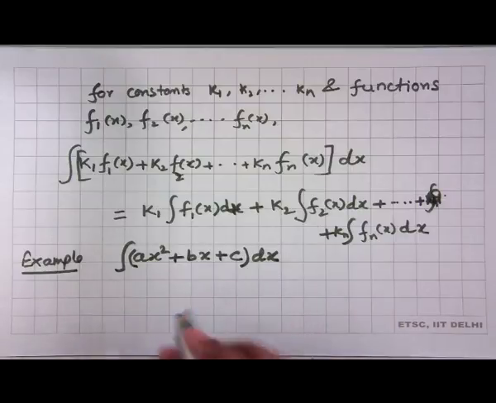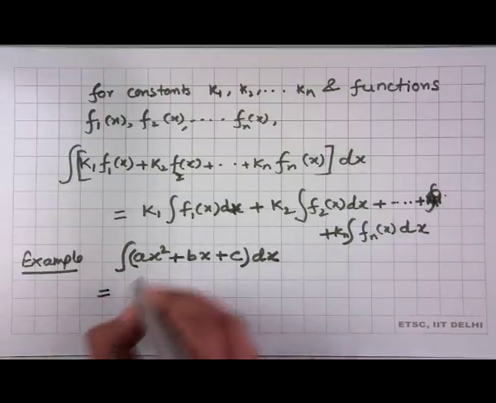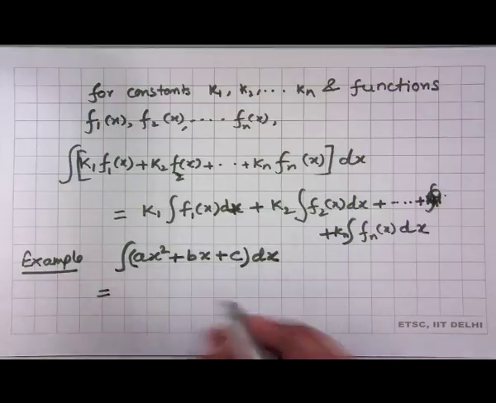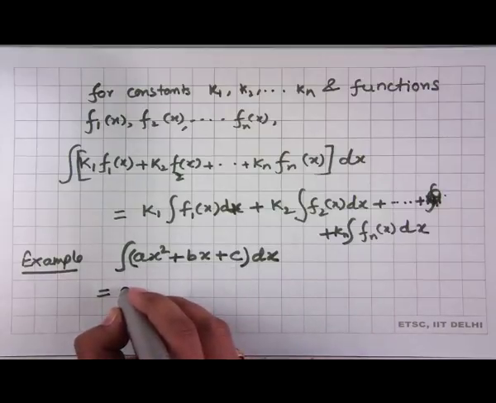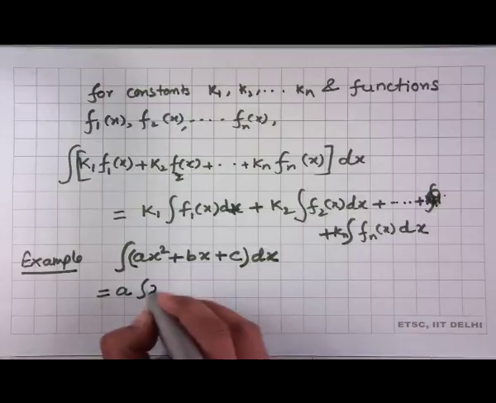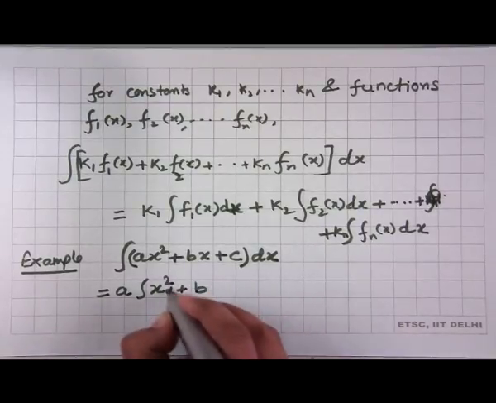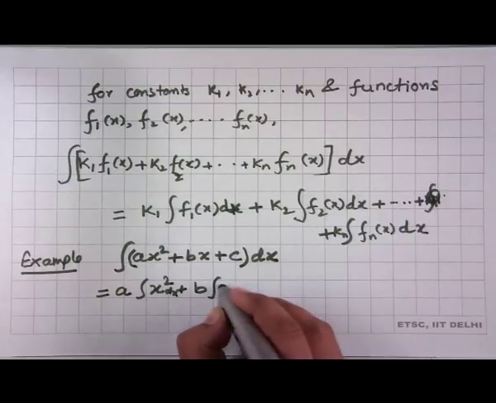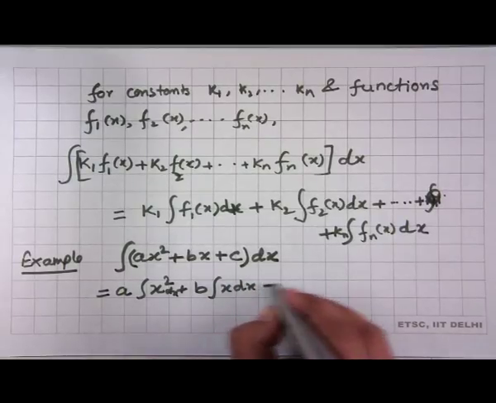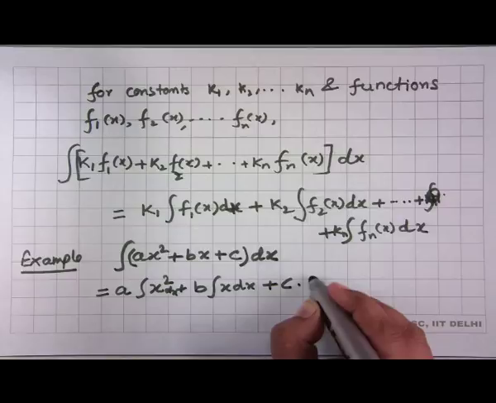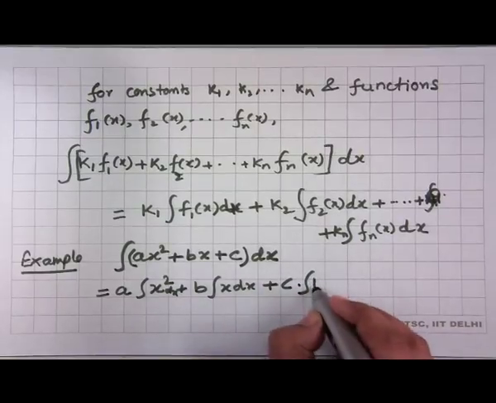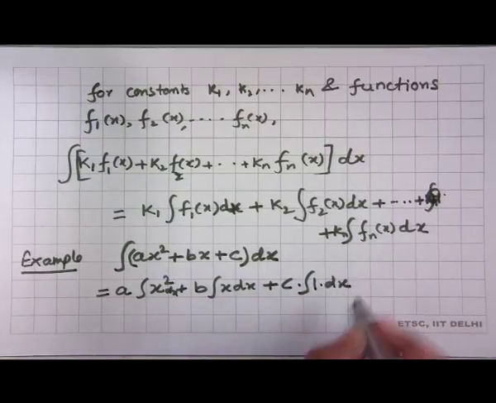Now, since we know the linearity property, and a, b, c being constants here, we can write a times the integral of x squared, plus b times the integral of x, plus c times the integral of 1. So, we write it as the integral of 1 dx.